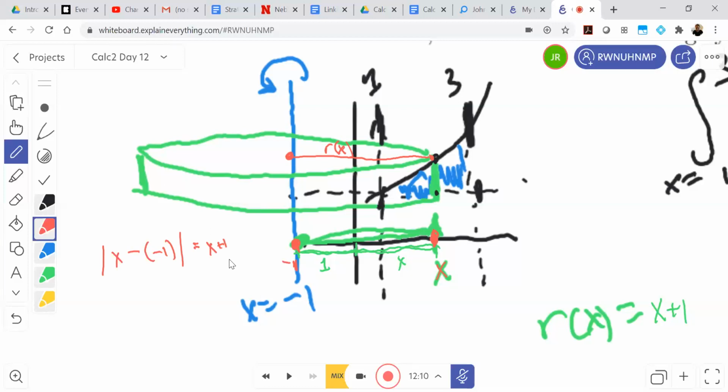We can also see this visually, and this is actually how I first saw it, as this distance that I've drawn up here is going to equal this distance, which is just x, plus this additional distance, and that distance has a total length of 1. So that's a different way that we could see that the total distance is x plus 1.